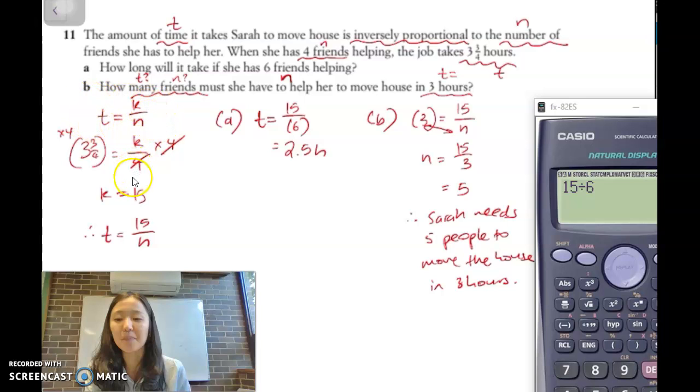Then you find what k is to find the specific equation using the given specific values for the 2 variables. After that you just need to substitute in the correct variables to solve your problems. And then lastly, you go back to the context of your question and answer your question in that context.